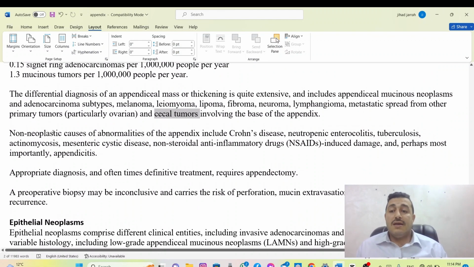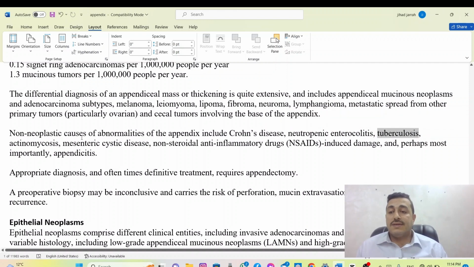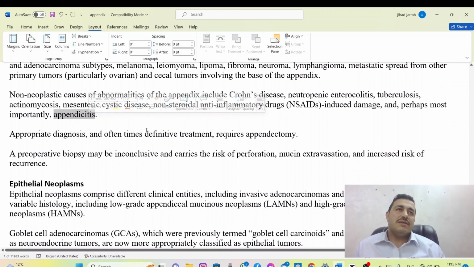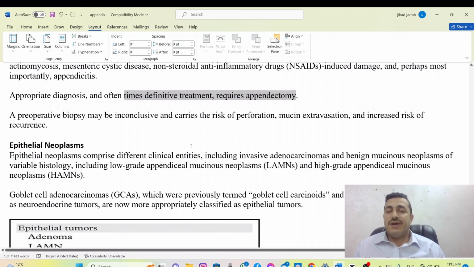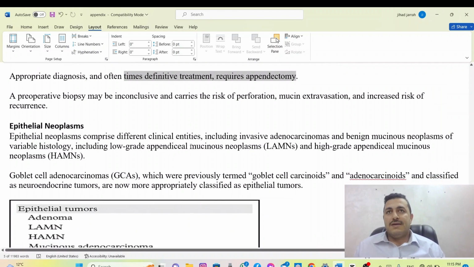These are the neoplastic causes. Non-neoplastic causes include Crohn's disease, neutropenic enterocolitis, typhlitis, tuberculosis, actinomycosis, mesenteric cyst, non-steroidal anti-inflammatory induced damage, and appendicitis with an appendicular mass. Again, the appropriate diagnosis is often made after appendectomy. There is no role for preoperative biopsy, and no role for intraoperative frozen section.